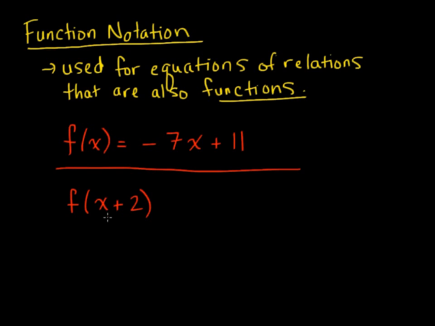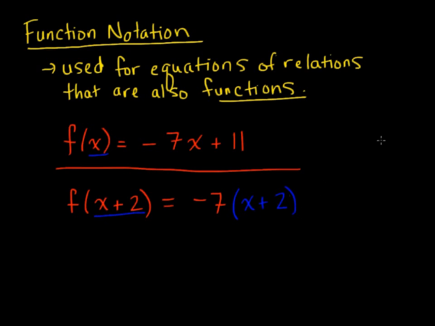So this time we want to find out what is f of x plus 2. So we want to know what is the function value, or what's an expression for the function value when x is x plus 2 now. So we're going to take all the x values that are in that equation and replace it with x plus 2.